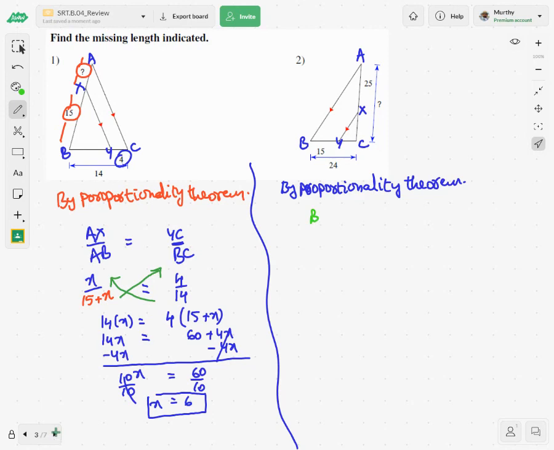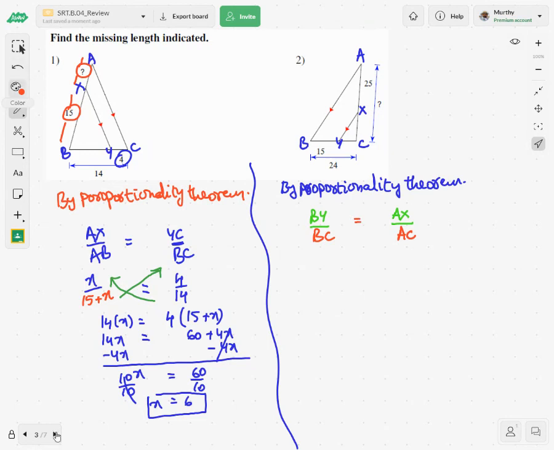So over, I'll write the denominator later. The other side it is AX. Don't take both as a fraction. Both are the numerators. And here I see that the whole length is given as 24. So that goes to the denominator. The other side, the whole length is not given. That's what is missing. So AC.